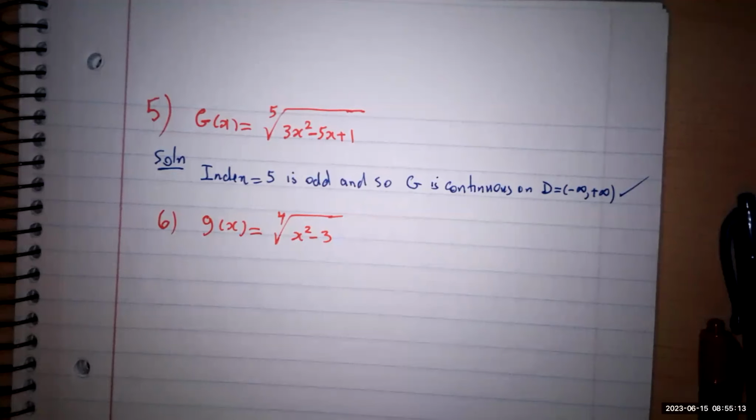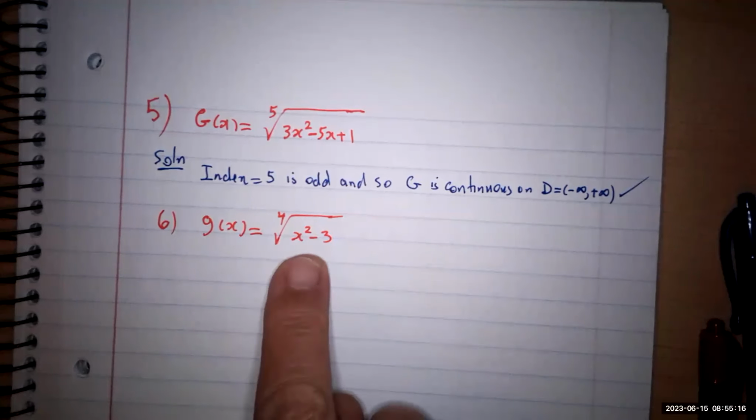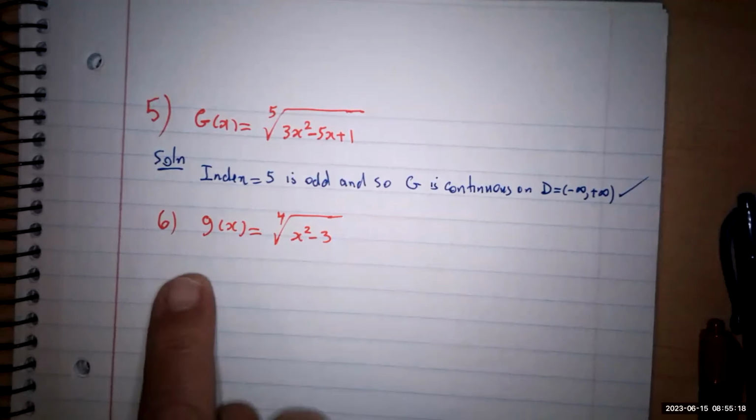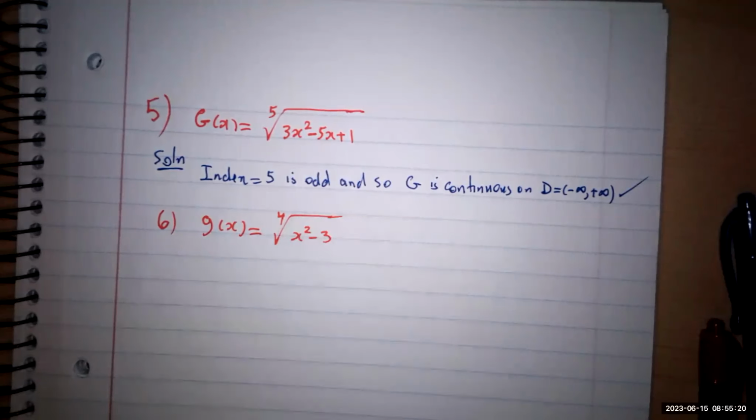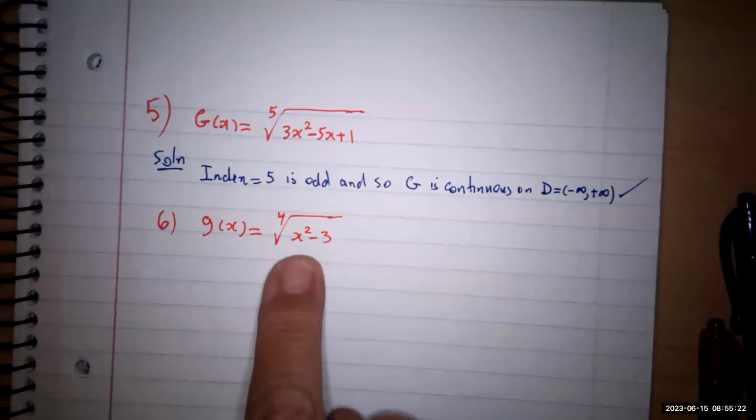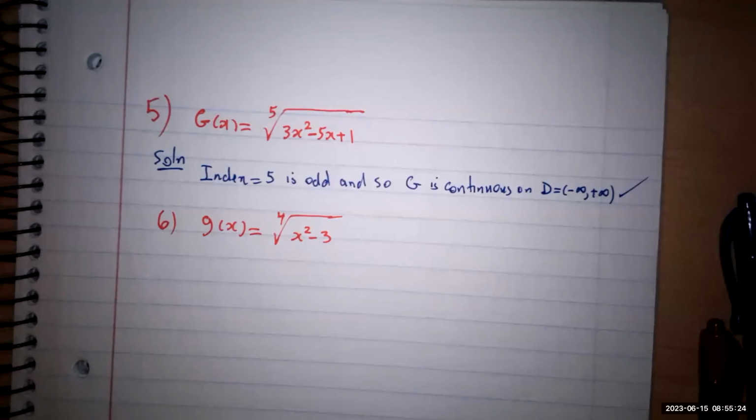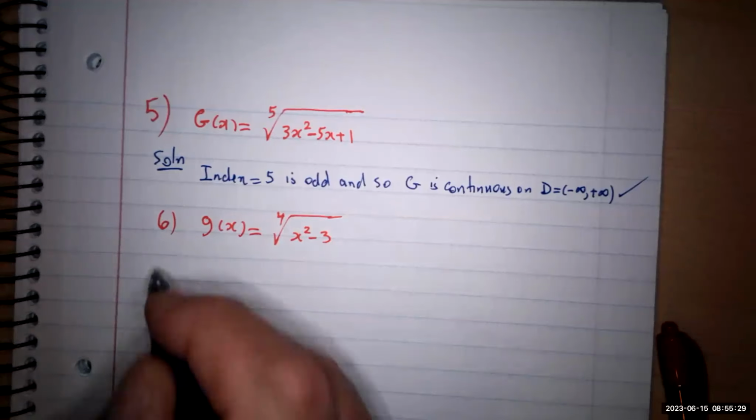But the question is, can you take everything outside of the radical? No. We can take it out if this x squared minus 3 is not a negative number. So this is how you're going to describe your solution for this group.